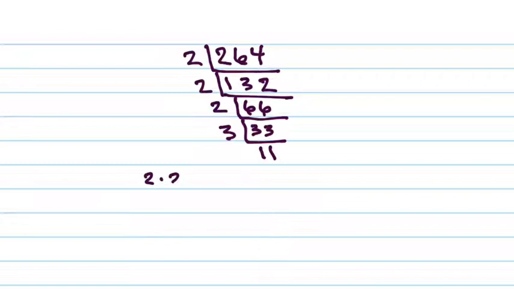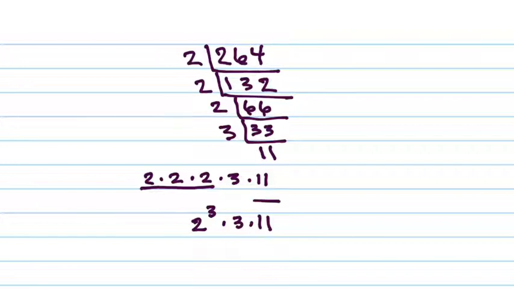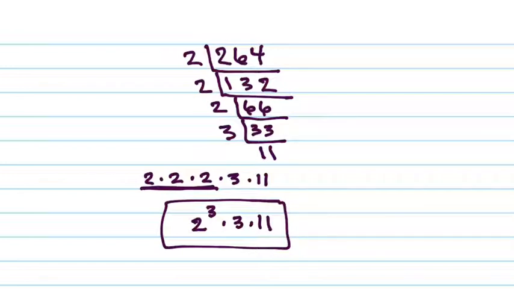So 2 times 2 times 2 times 3 times 11. And the 2's repeat, so that part we could write as 2 to the 3rd power. The other numbers don't repeat, so we can't write them as an exponent. But the numbers that do repeat, we have 3 2's multiplied together, so that's the same as 2 to the 3rd power. And so there's our completed answer.